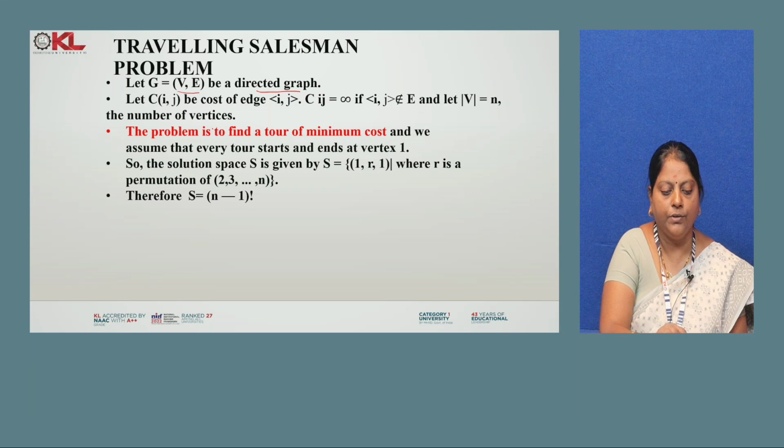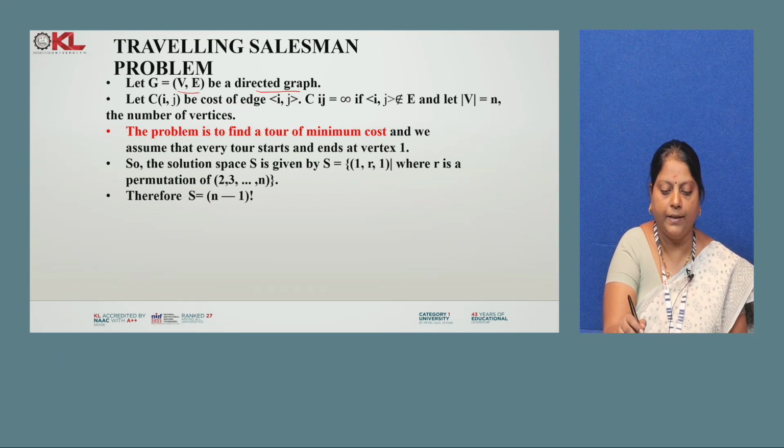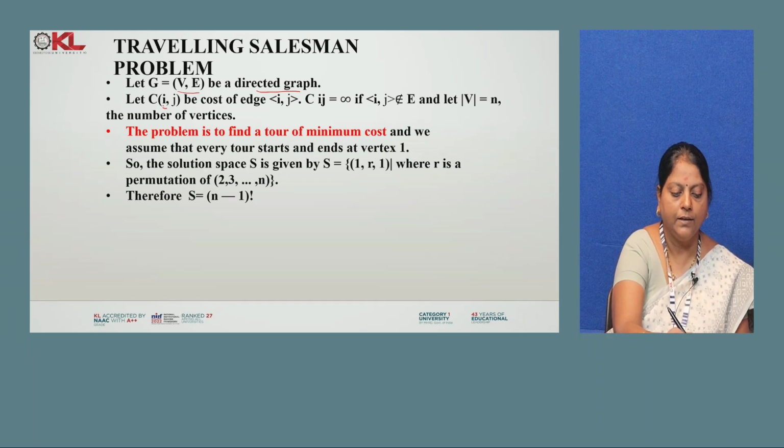Next, what do we have to do? We have to create a cost matrix for the given graph. So what is a cost matrix? A cost matrix is an n cross n matrix. There is a cost value if there is an edge between i and j, where i is one vertex and j is another vertex.